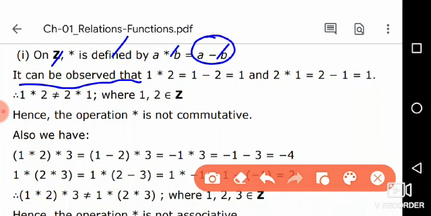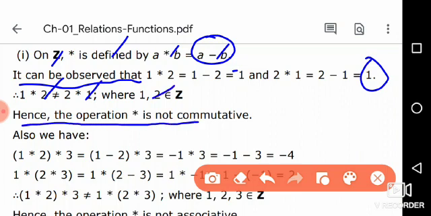That gives minus 1. And 2 star 1 is equal to 2 minus 1, that gives plus 1. In this case, we observed that 1 star 2 is not equal to 2 star 1 for all 1, 2 belongs to Z. Hence star is not commutative.